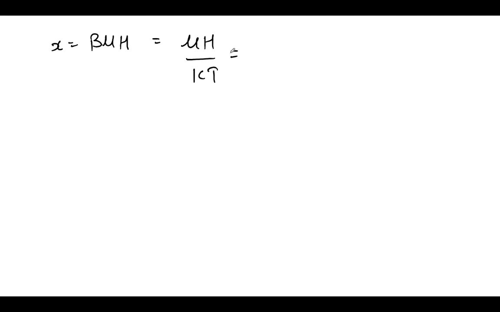So this is quite an important term. mu H represents the magnetic potential energy exerted by these magnetic dipoles when they are aligned along some external magnetic field, and kT is our thermal kinetic energy, which hinders the movement or the magnetization of these magnetic dipoles.